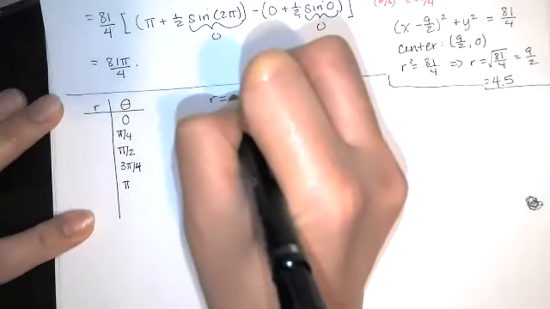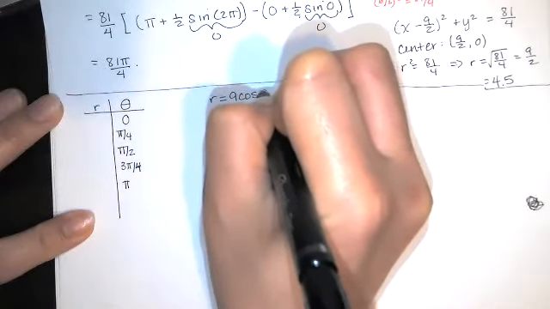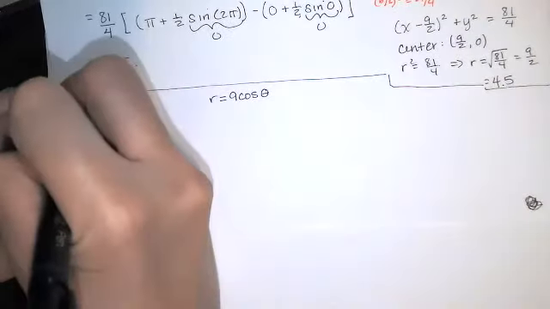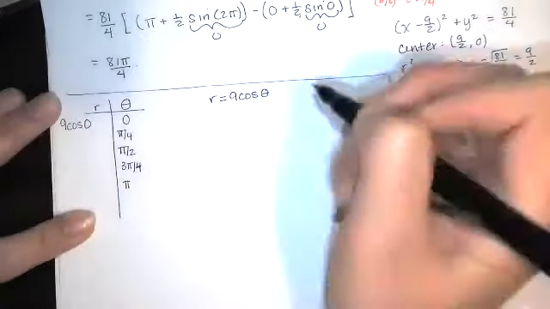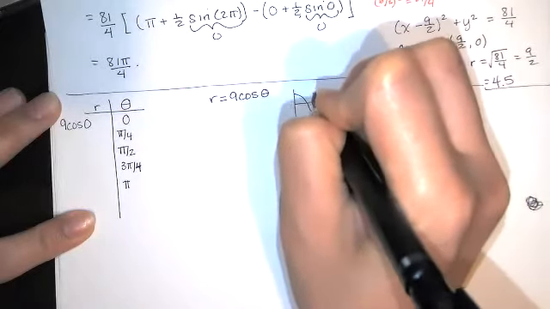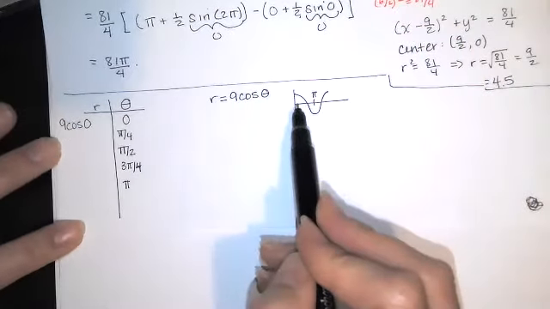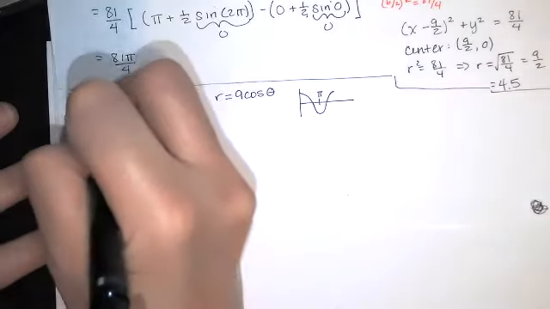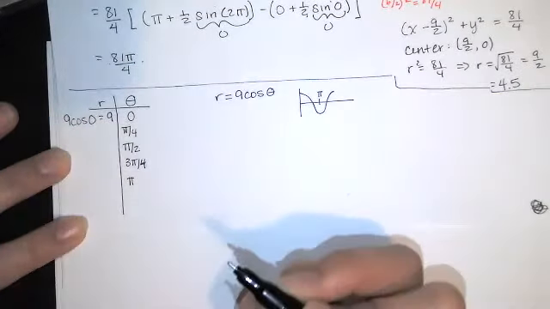And r is equal to 9 times cosine of theta. So when theta equals 0, we're gonna have 9 cosine of 0. Remember what your cosine curve looks like? At 0, cosine is equal to 1. So this is going to be 1 times 9, which is 9.